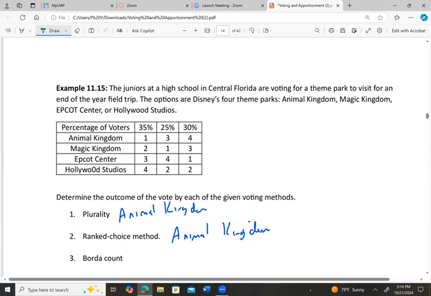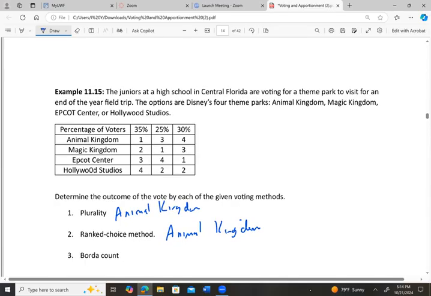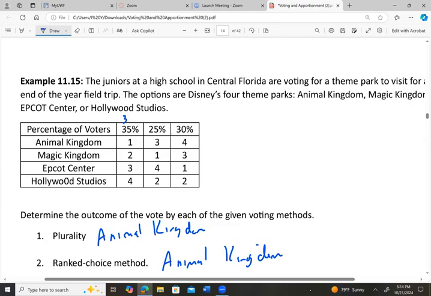So I'm just going to count this as 35 instead of percentages. We're going to count that as 35, 25 votes, and 30 votes, just to make it easier. So this would be 3 times 35, or 105. This would be 2 times 35, or 70, and 1 times 35.